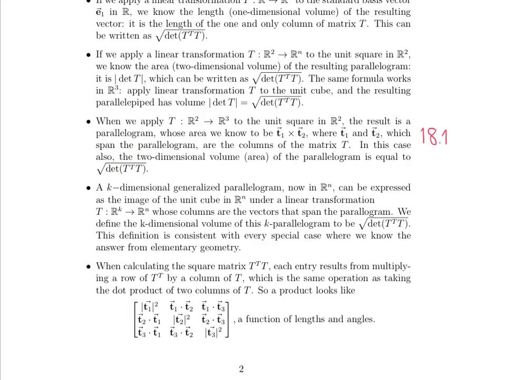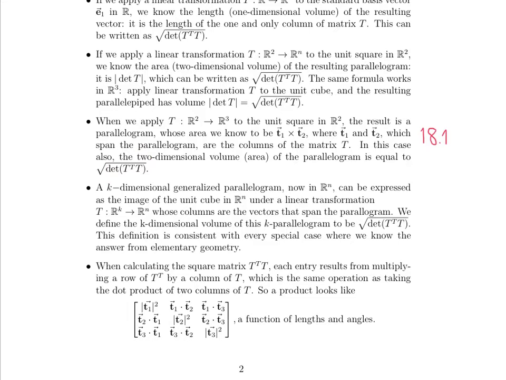So let's put this into a generalized context. Say we have a k-dimensional generalized parallelogram. It lives in Rn. We can express that parallelogram as the result that we'd get if we took the unit cube and had some linear transformation act on it.